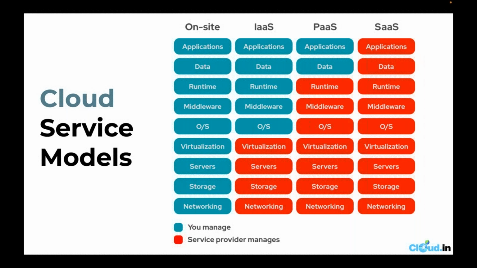But when you shift to cloud, there are three service models that it provides. And firstly, we have the infrastructure as a service, wherein, as you can see, applications, data, runtime, middleware, and OS is what the client manages. But the virtualization, for example, providing you virtual servers like instances and everything, servers, storage, for example, providing you databases, and networking is done by the service provider, the cloud service provider that you are using.